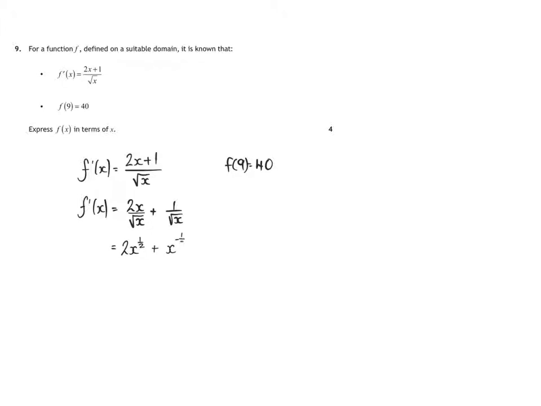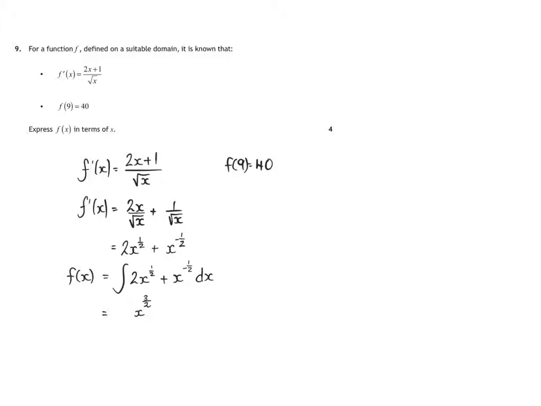Okay, so then we can say, well, f of x then is going to be the integral of 2x to the half plus x to the minus a half with respect to x. So when we integrate, we raise our power, so a half will become 3 over 2, and then we divide by our new power.